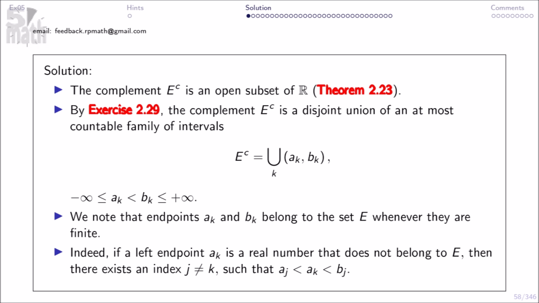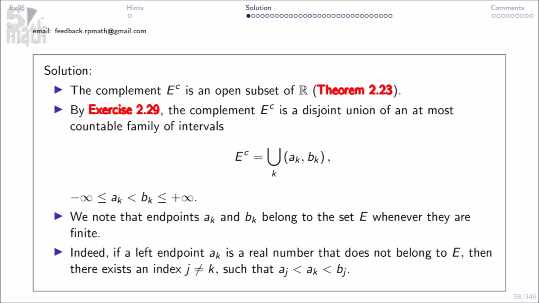Solution. The complement E^c is an open subset of R, Theorem 223. By Exercise 229, the complement E^c is a disjoint union of an at most countable family of intervals here. We note that endpoints a_k and b_k belong to the set E whenever they are finite.